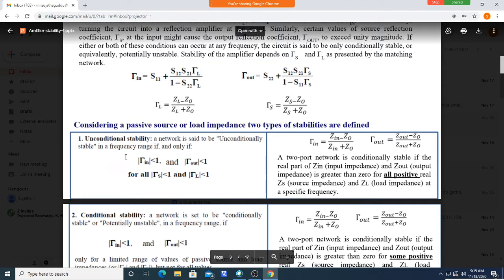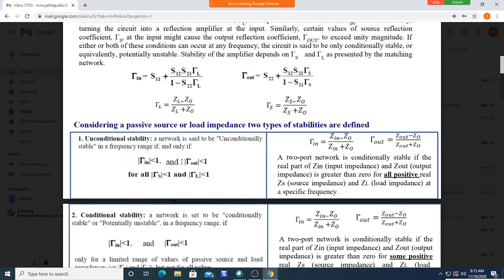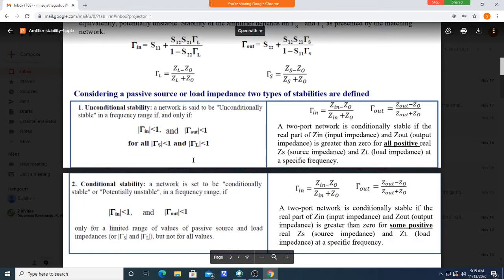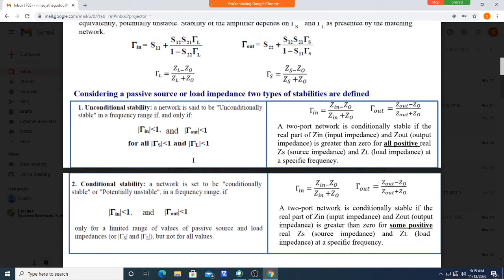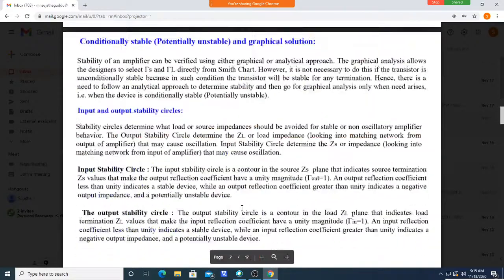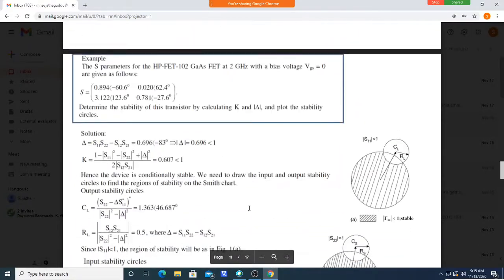Once we come to know the amplifier is unconditionally stable, you can choose any value over the gain circle, because it is on the Smith chart, and that value gives Γin lesser than 1. No need to worry about what value you have to choose over the gain circle.